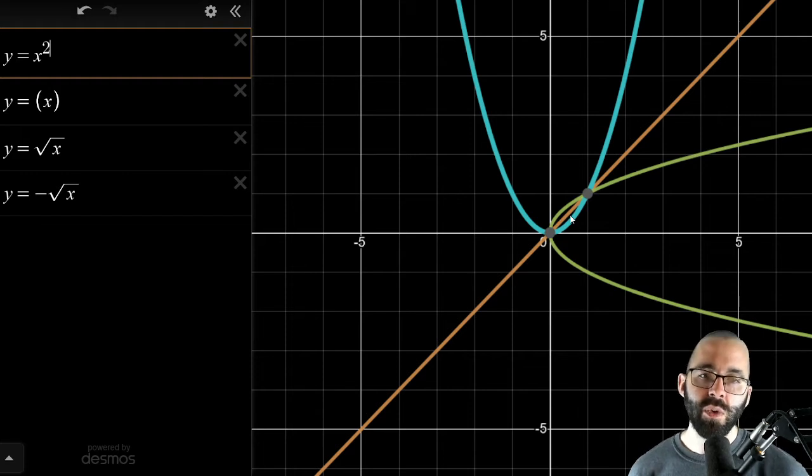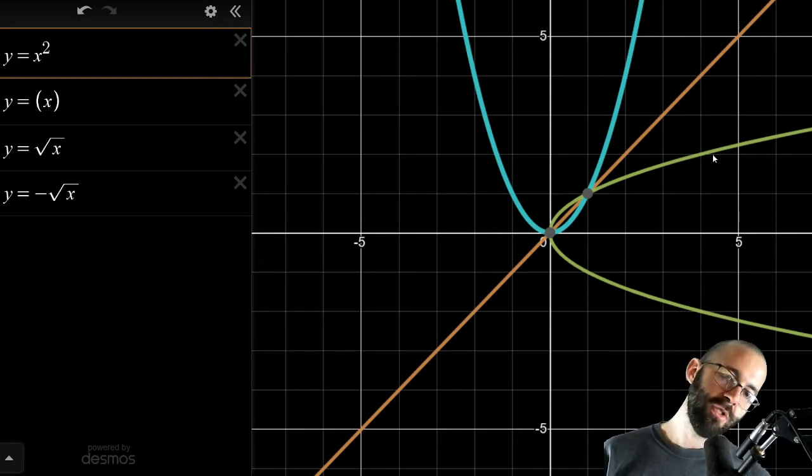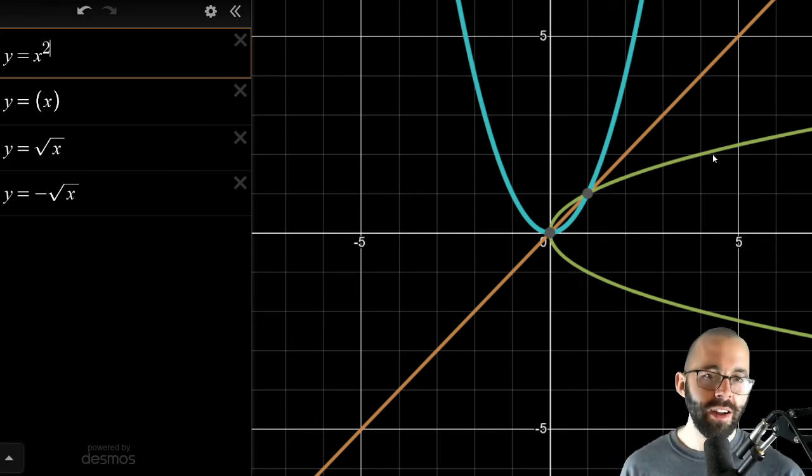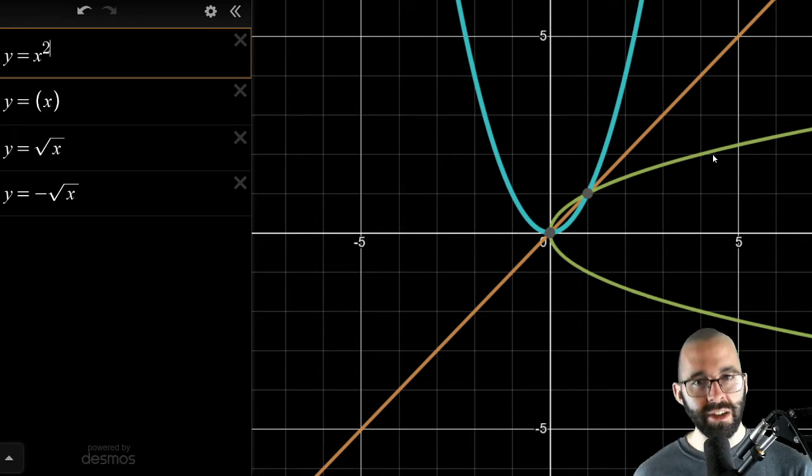So what we're going to talk about next is how to figure out if a function has an inverse. Well, the green graph is not a function because it fails the vertical line test, and there's some sort of reflection going on. That's going to bring us to something we call the horizontal line test.